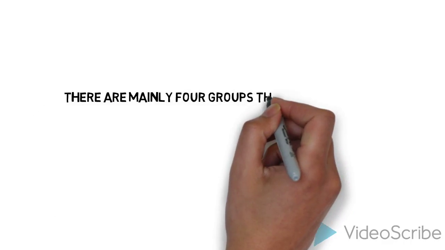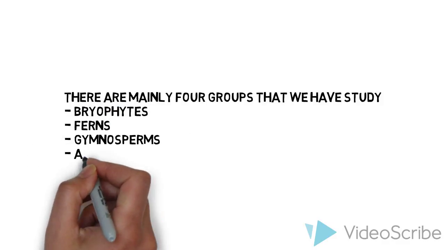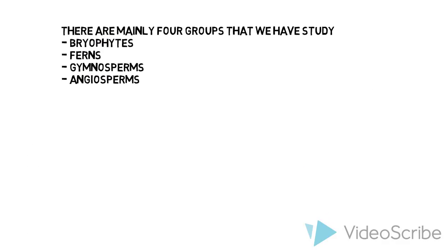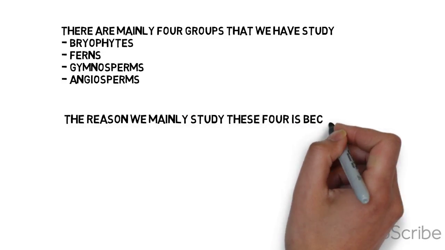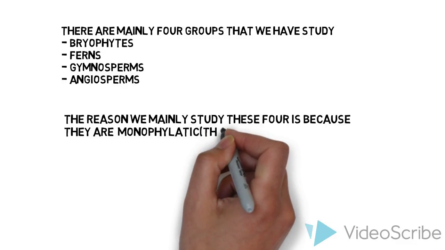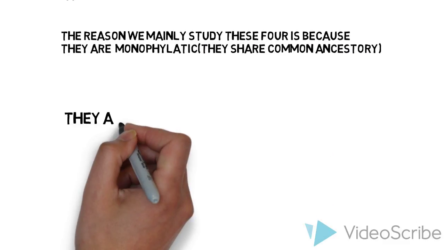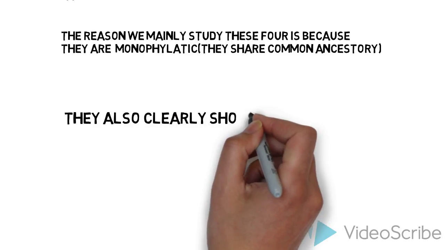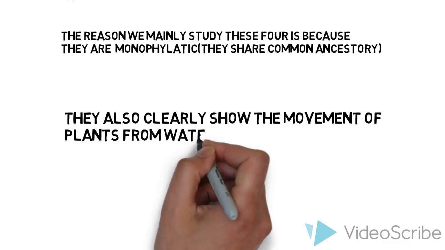There are mainly four groups that we have to study: bryophytes, ferns, gymnosperms and angiosperms. The reason we mainly study the four is because they are monophyletic, meaning they share a common ancestry. They also clearly show the movement of plants from water to land.